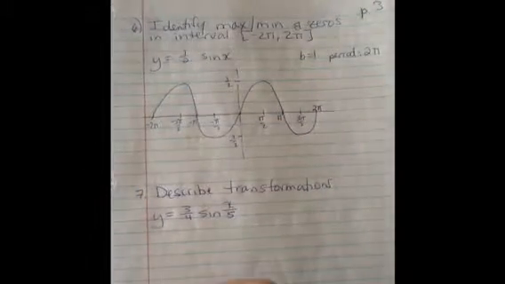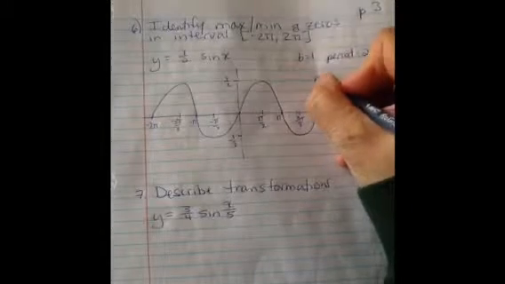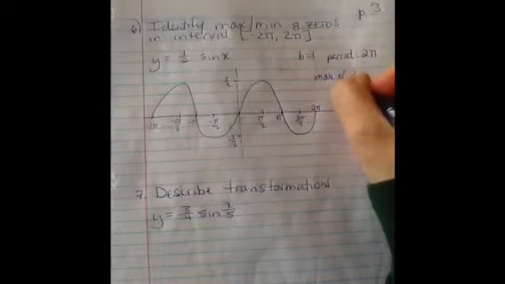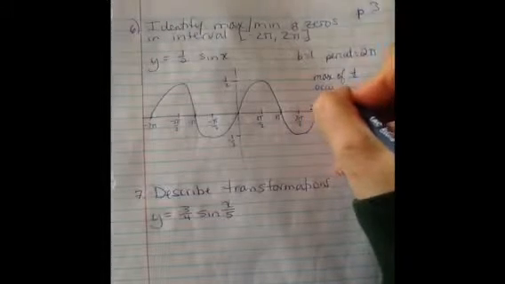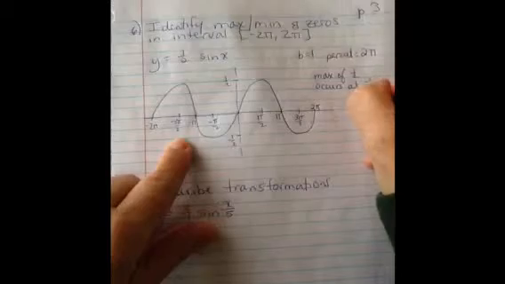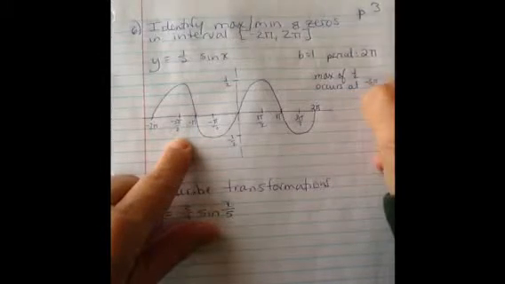So my maximums occur, max of 1/2 occurs at negative 3 pi over 2 and pi over 2.